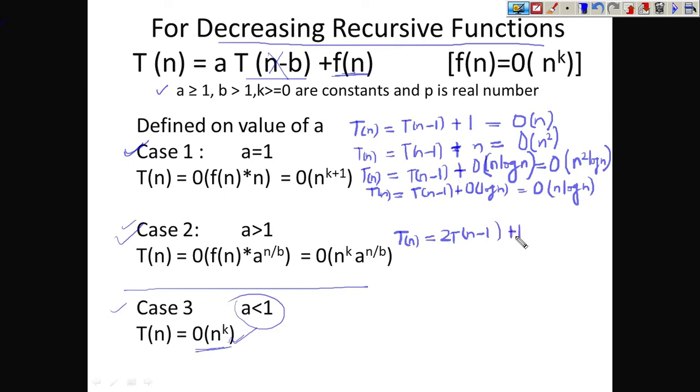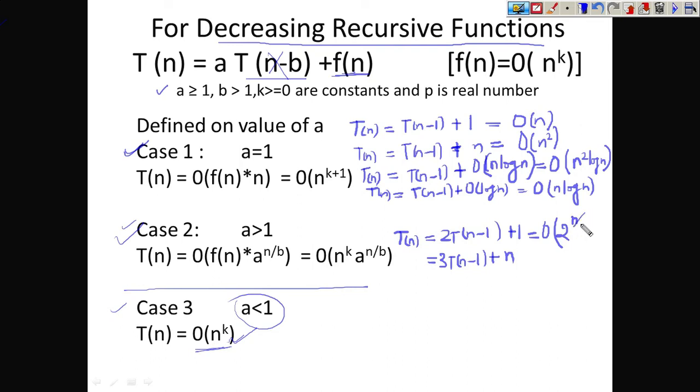This is one recurrence relation given to us. Or the second is 3T(n-1) + n. So what will we get in this case? You will get big O, and this is a constant, so you will get 2 raised to the power n by b.